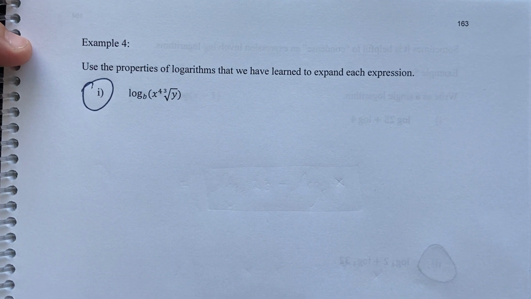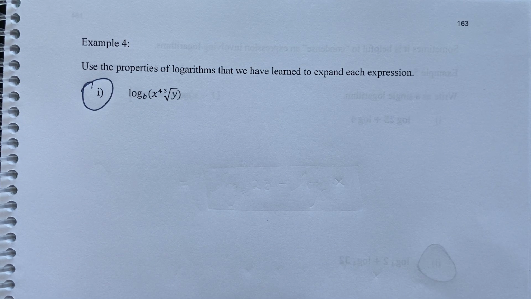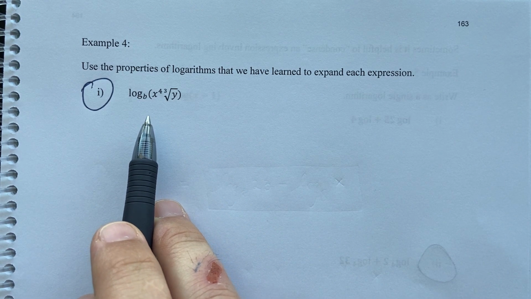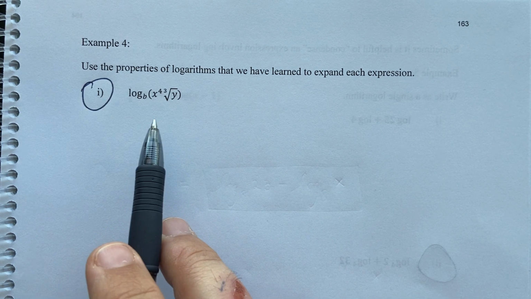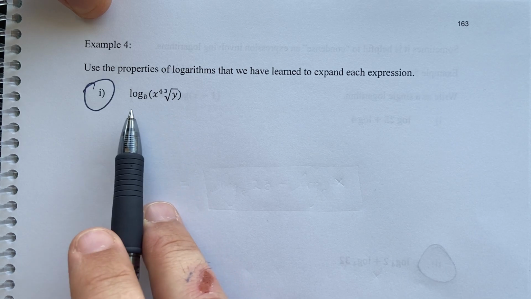So it's not as though those properties are always separated like that and working in isolation. Often they're going to be working in tandem, such as this problem. So we're going to use multiple properties in one to do what's called expanding this.